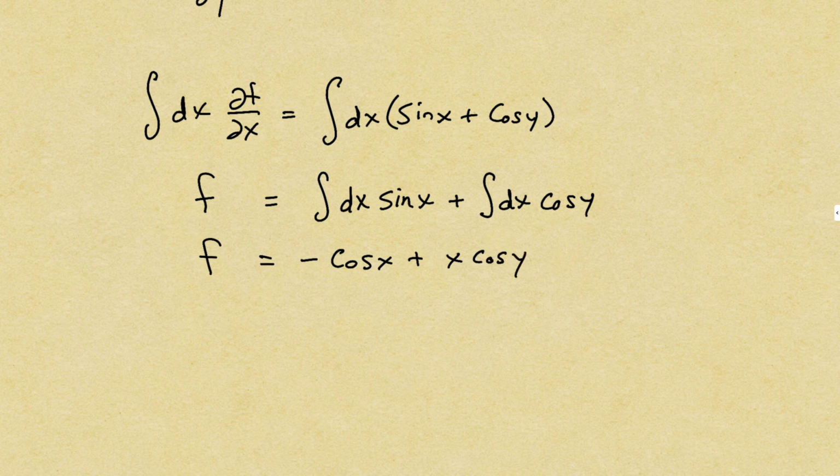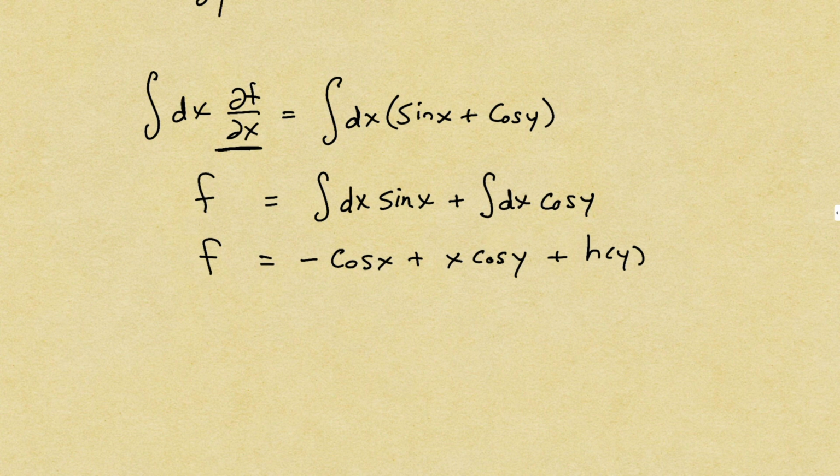That's all. But, and this is one of the parts that you always need to remember, because this was just a partial derivative with respect to x, there could have been some function h of y, it's only a function of y, that was originally there, because if I take a derivative only with respect to x here, that function h would appear as a constant and would just totally disappear.